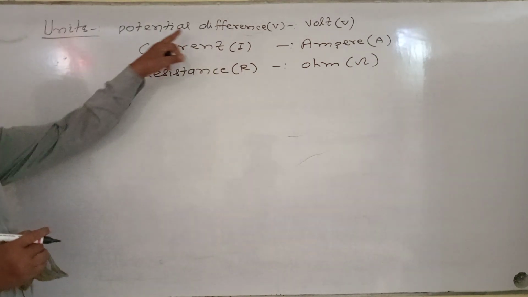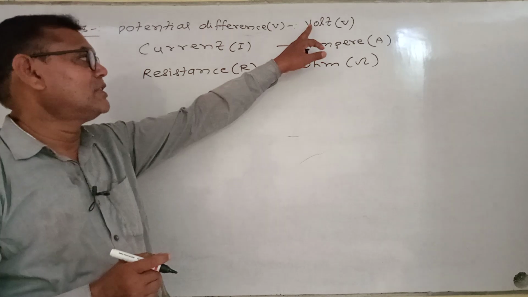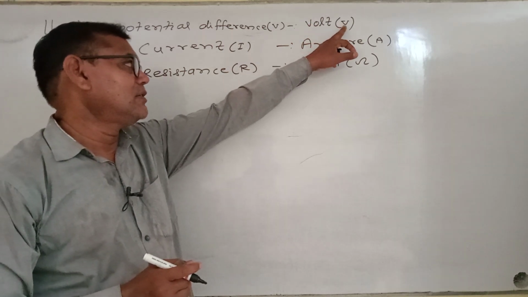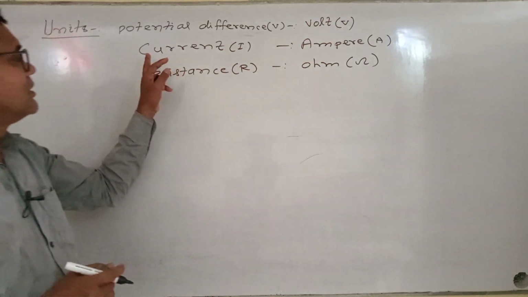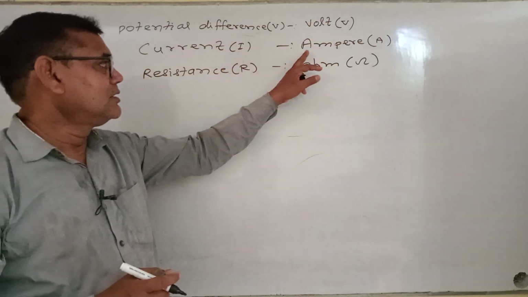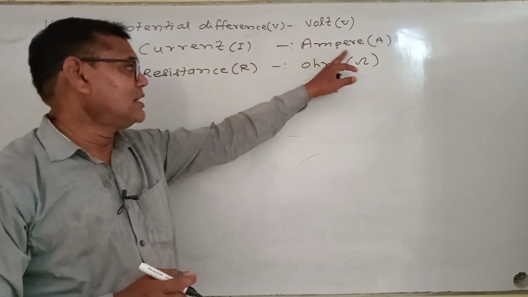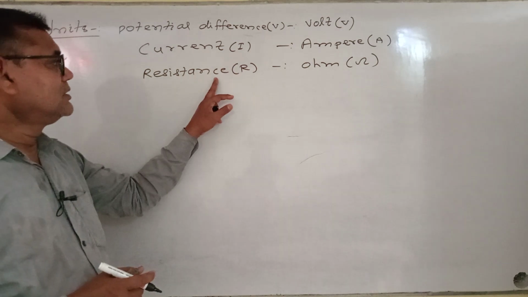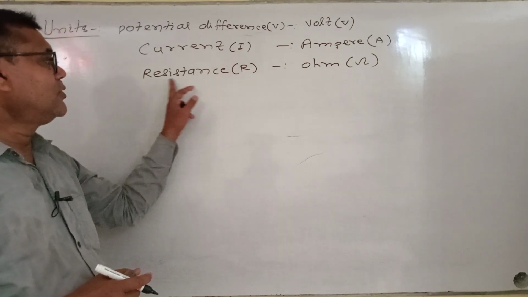Unit of potential difference is volt, denoted by V. The unit of current is ampere, denoted by A. Resistance is called प्रतिरोध.